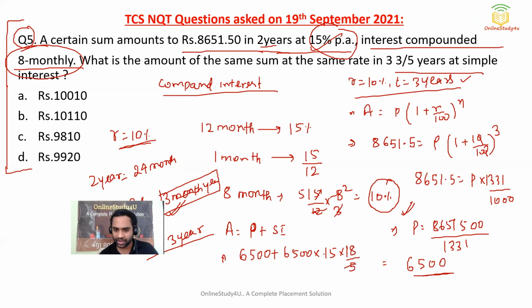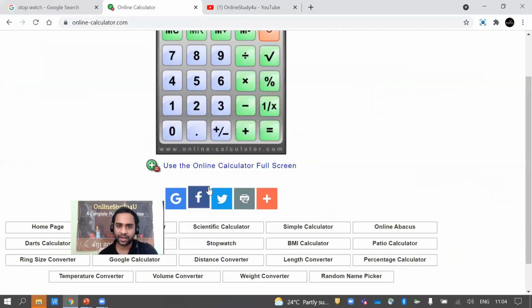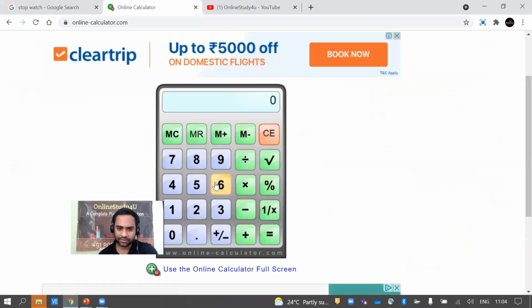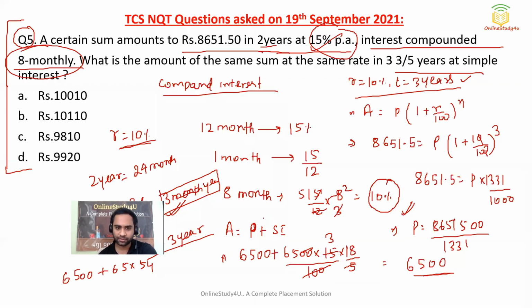Divided by 100, PRT by 100, the 20s cancel. So 6500 plus 65 into 54. We calculate 65 into 54 plus 6500, which equals 10010. So option A will be the correct answer for this problem.